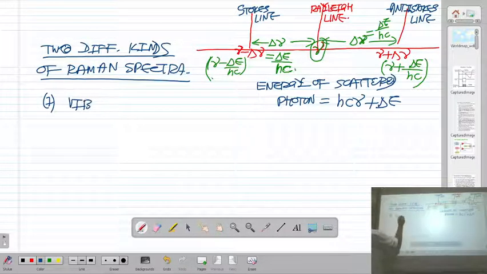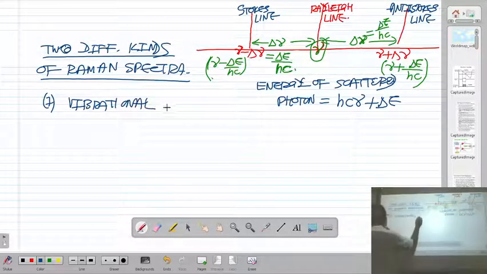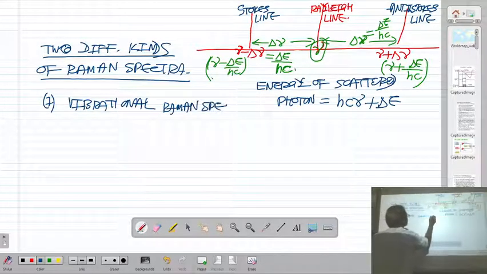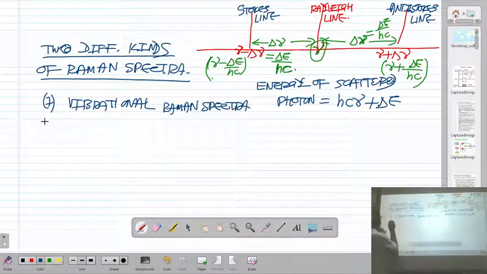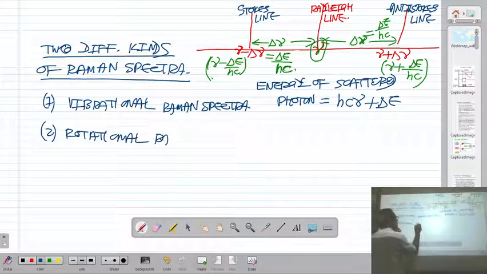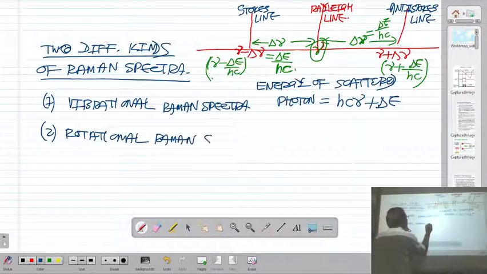One is the vibrational Raman spectra, the second one is the rotational Raman spectra.